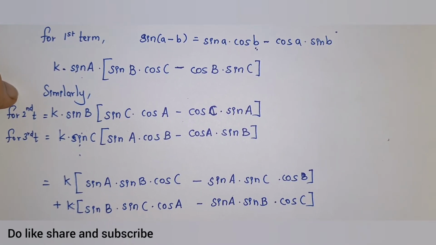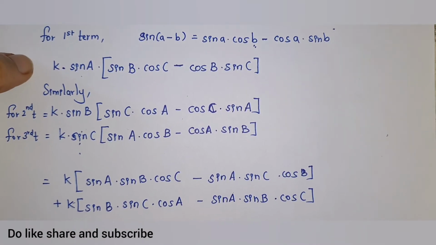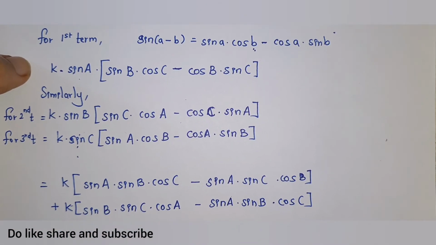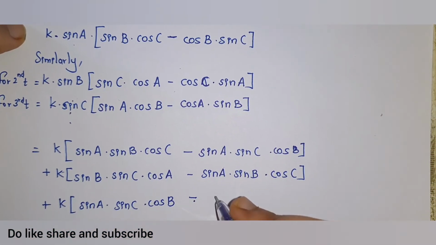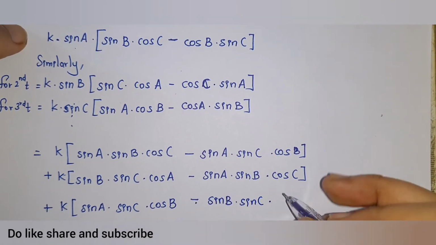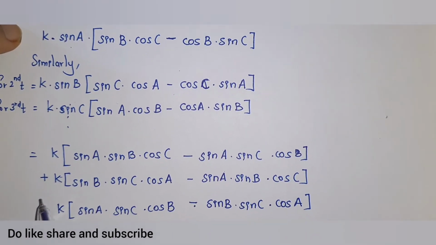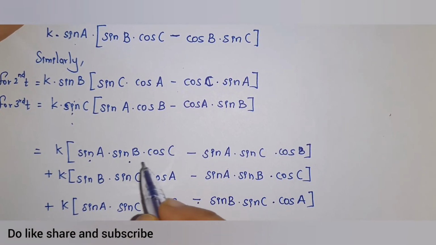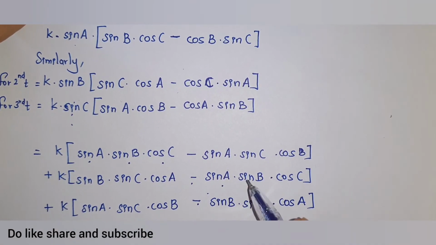Now further, for the last term, k into sine of A into sine of C into cos of B minus sine of B into sine of C into cos of A. Now here we have similar terms such as sine of A into sine of B into cos of C, and here also with a negative sign, so they will get cancelled.